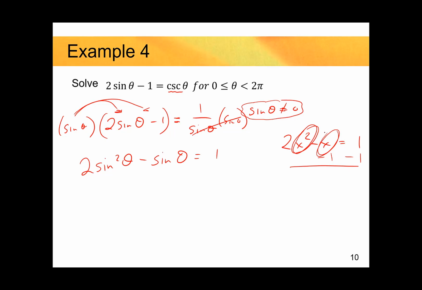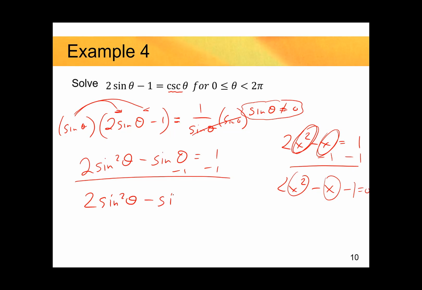Whenever you see a trig term squared and then another trig term, you know you're going to have to scoot everything over and have this setup: something squared plus or minus something plus a constant equal to 0. And then we start factoring. So that's right, minus 1: 2 sine squared theta minus sine theta minus 1.